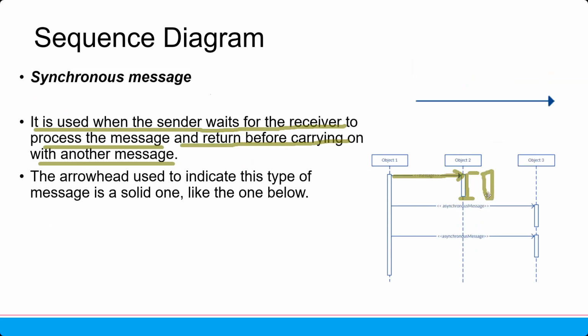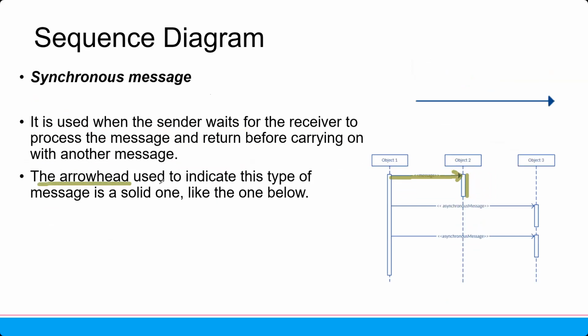If we already finished with this message, we can give some kind of response. In this case, we don't have any response, but this is a synchronous message. So object 1 will send a message to object 2 and wait.